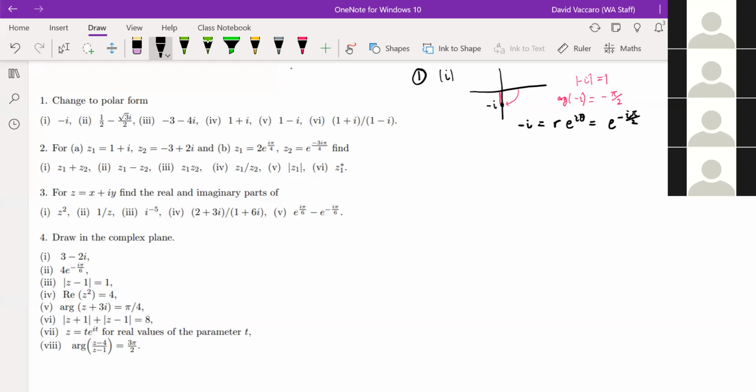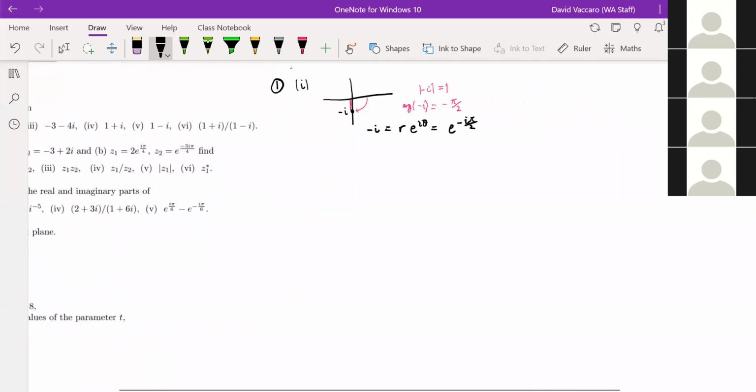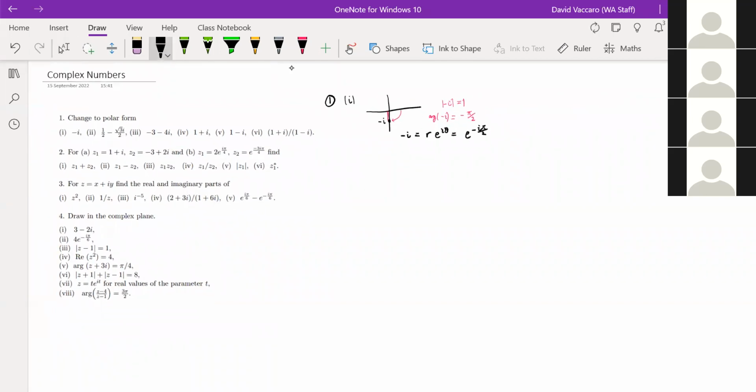The next questions are relatively routine. The main thing that one needs to consider is the quadrant that one is in. So this complex number, 1/2 take away root 3 over 2 i. We're in the fourth quadrant. And if you know your standard trig ratios, this angle in here is 60 degrees.